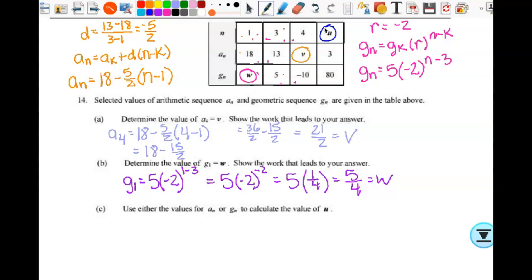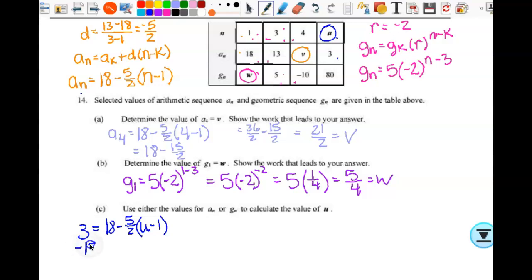So the value, so my A sub, if I'm going to do, let me do arithmetic first. When I do this one, this is n, this is A sub n, so that means A sub n, which is 3, is equal to 18 minus 5 halves times U minus 1. Okay, so I can subtract 18 from both sides.